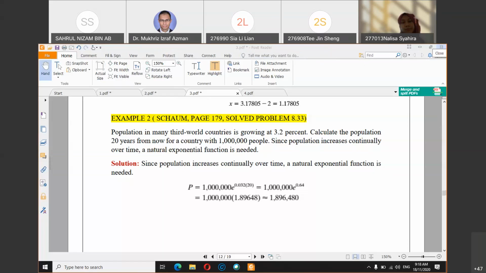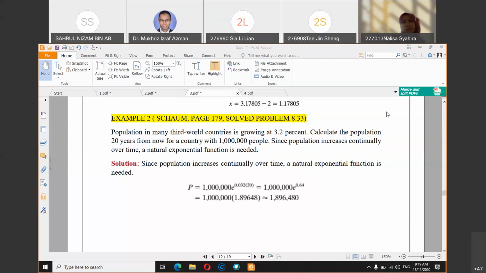Calculation for 1,000 people. So we put the 1,000 people in front of the exponential. This one is 0.032, the percent for the country's growth. So 20 is the years for the country.